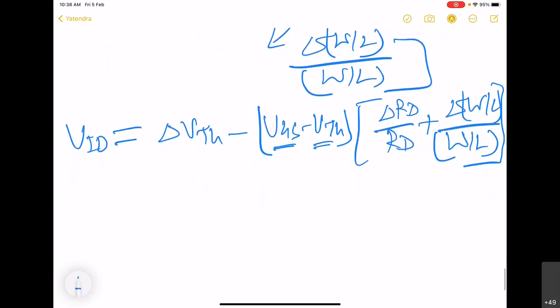So this is the additional input voltage mismatch that must exist at the input so that the output offset is 0. This quantity is going to be very small. This will be typically of nanovolt or in the worst case microvolt.